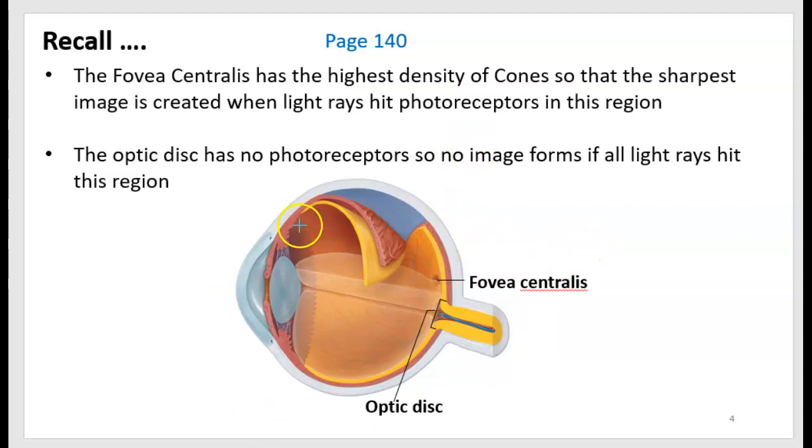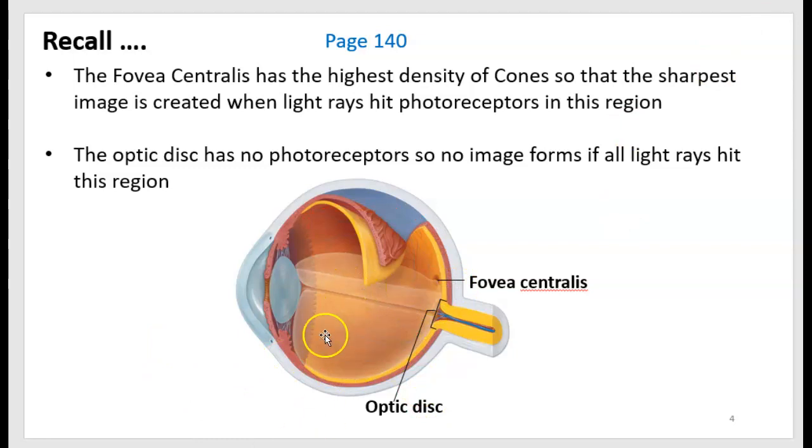Now, rods are located all over the eye except the fovea centralis. And there are also cones distributed in the entire retina as well, but the most concentration is in the fovea centralis.